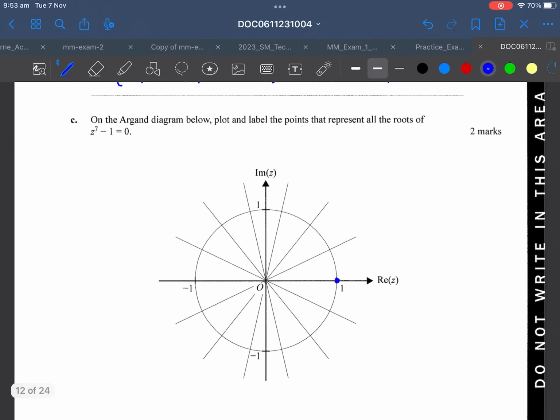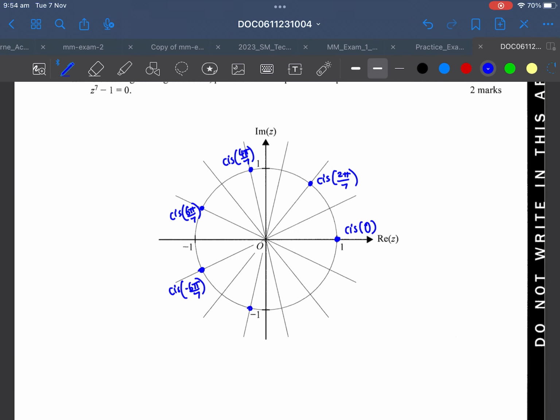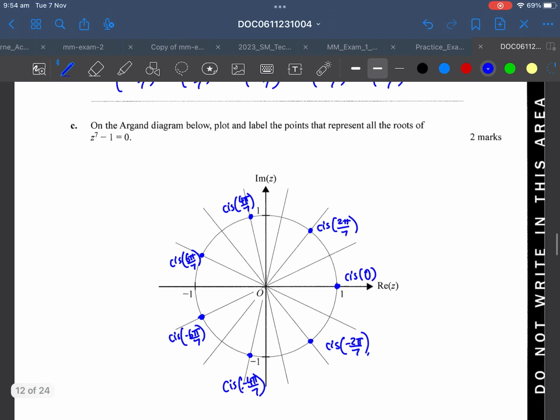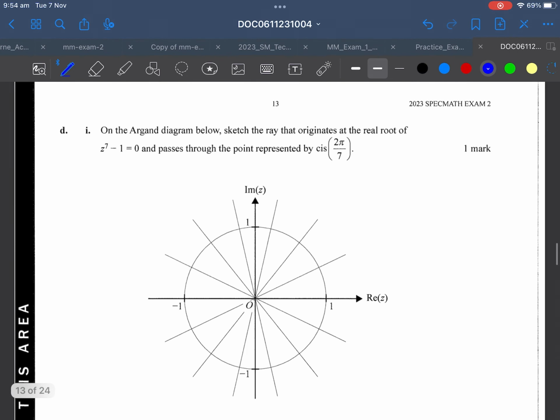So our first one is cis 0, which is here, then cis 2 pi on 7, then cis 4 pi on 7, cis 6 pi on 7, and then same here: cis negative 6 pi on 7, cis negative 4 pi on 7, and lastly cis negative 2 pi on 7. Okay, we have labeled everything and plotted them, so let's move on.